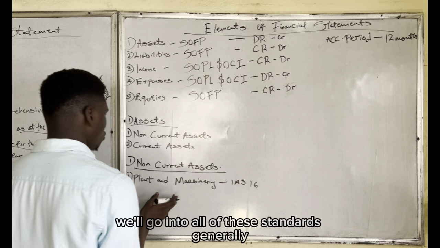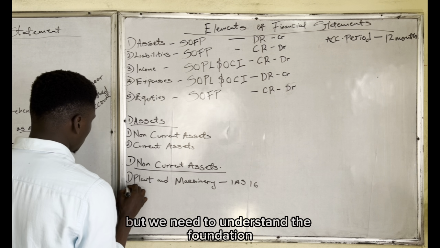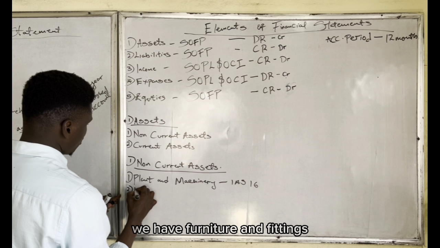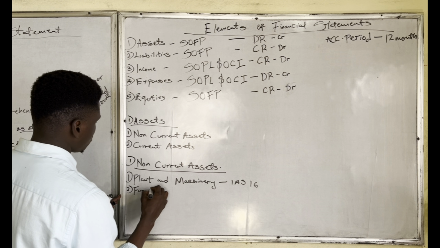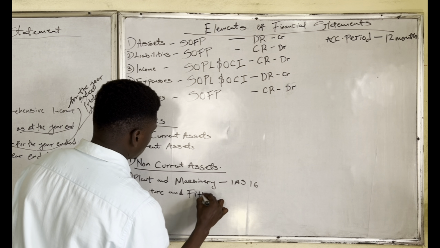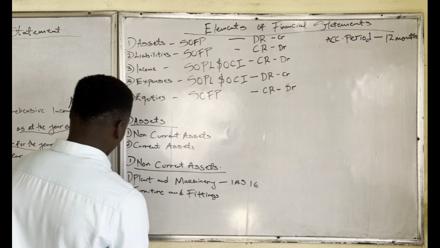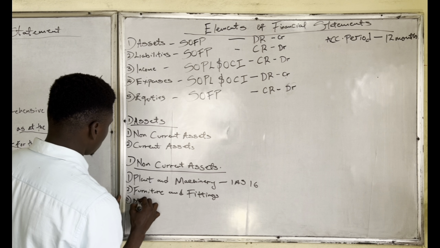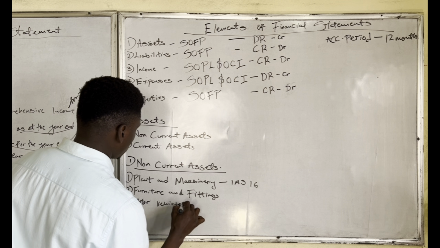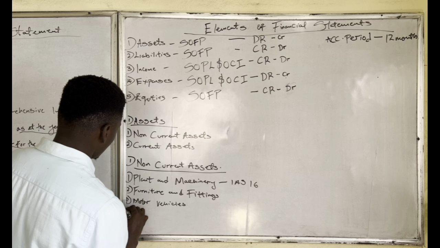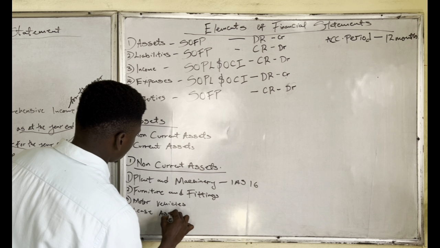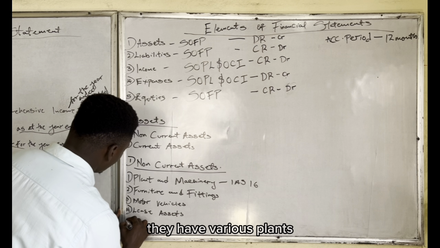Like I said, we'll go into all of these standards later, but we need to understand the foundation so that we can flow easily together. We have furniture and fittings, motor vehicles, leased assets, and bearer plants.